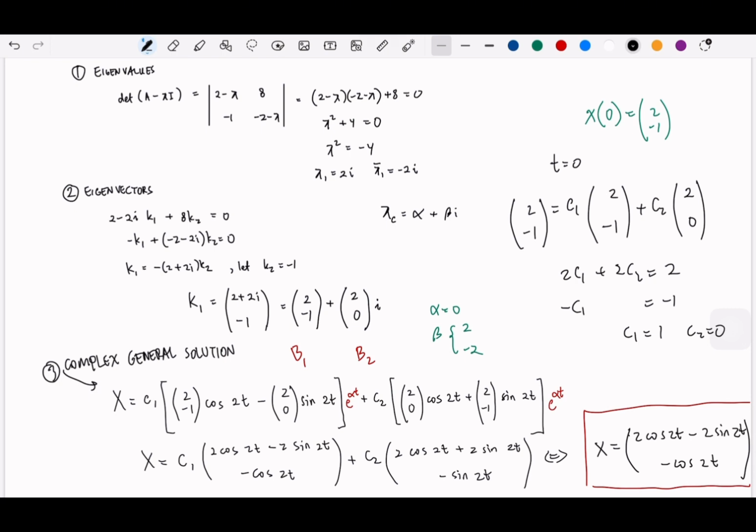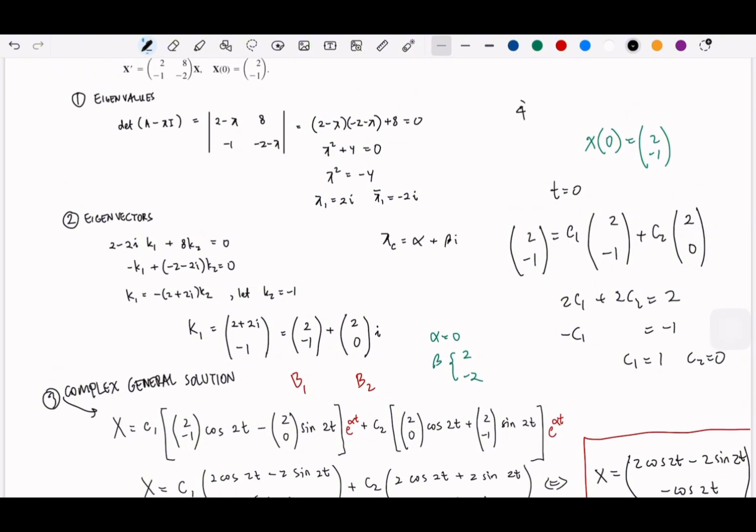And all the coefficients are based on the eigenvectors. And then this is the last part. Check the boundary value. Okay.